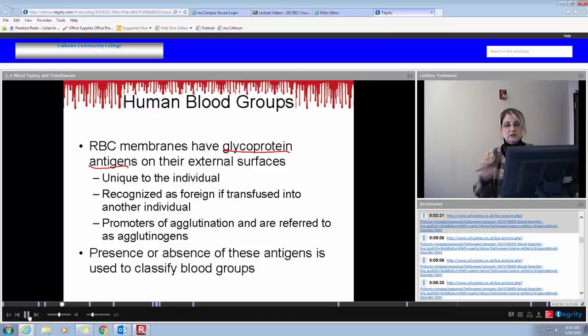Now, the immune system doesn't recognize foreign antigens, so if we have a bacterial infection or a viral infection, or perhaps we get a transfusion of blood that is not compatible with our own, then the immune system recognizes that and creates antibodies. All right, you're going to get more of that in the immune system, so that's as far as we'll go right now.